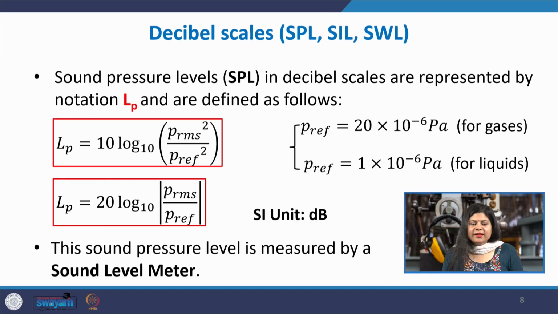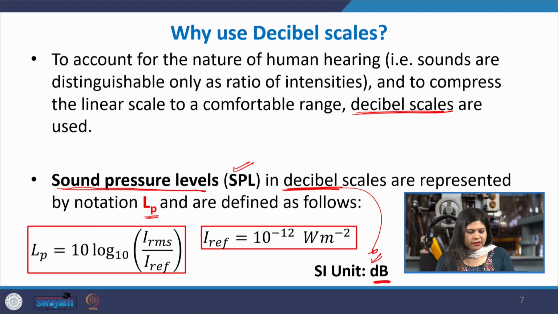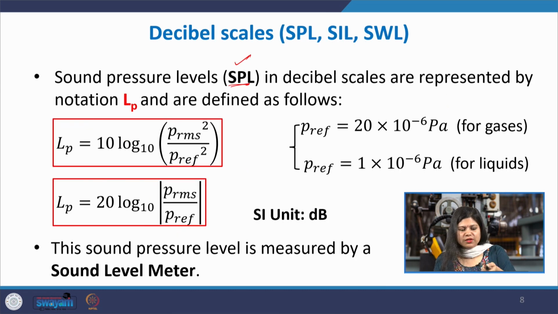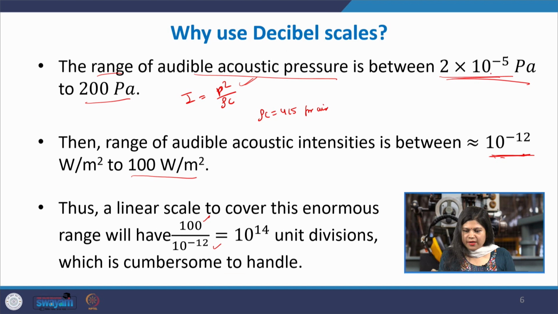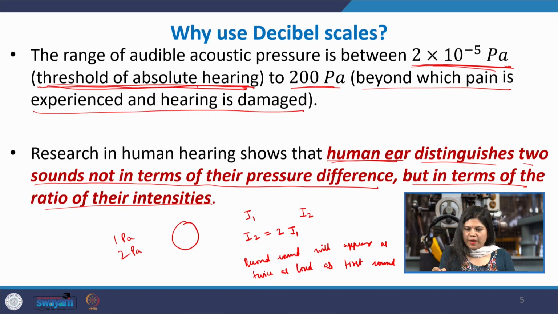Another way to represent this same sound pressure level, which from now on let us refer to as SPL. We know that, if you are considering the same medium, intensity is directly proportional to P square. So, the ratio of the intensities we can represent in terms of the ratio of the square of the pressures, where P reference is again what was introduced earlier, the threshold of absolute hearing.